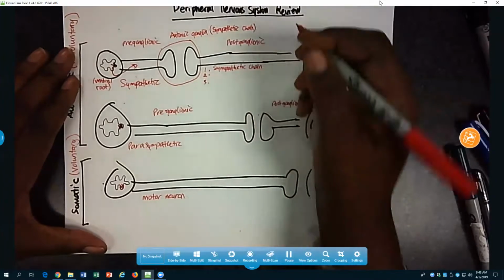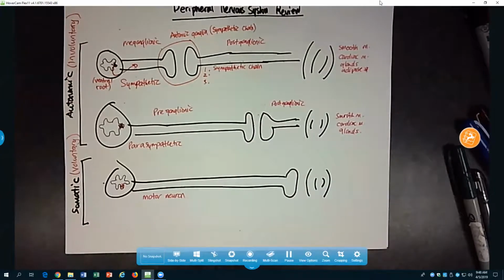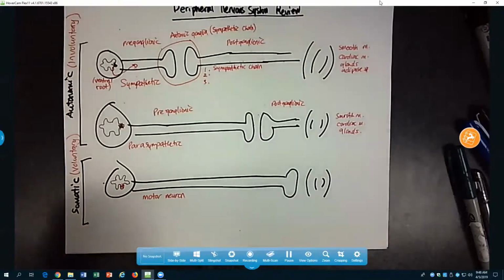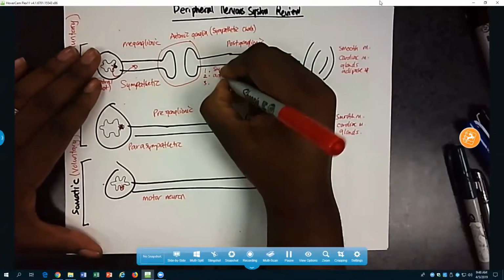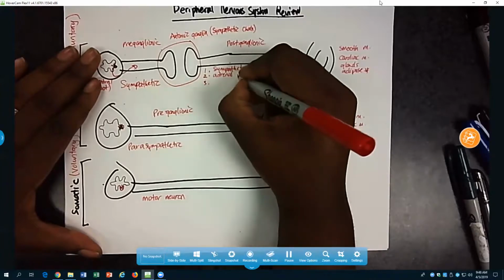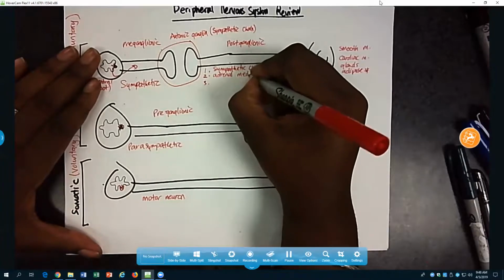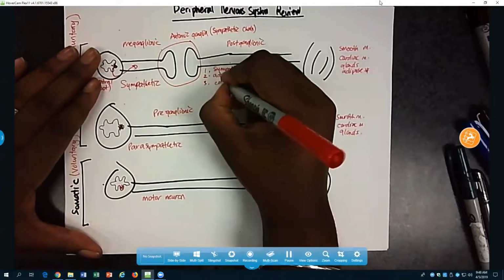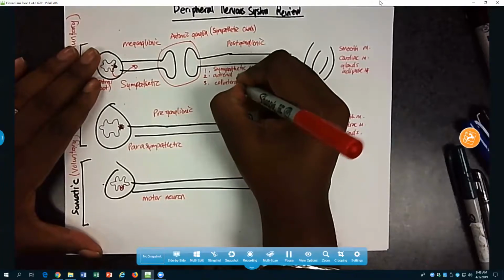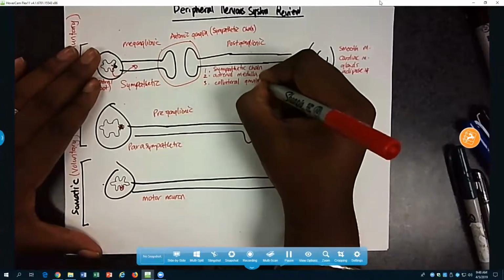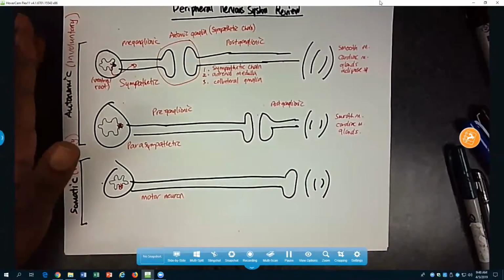What were the other two alternative options? So one was the adrenal medulla, the chromaffin cells, and the collateral ganglia. Perfect. And the collateral ganglia.